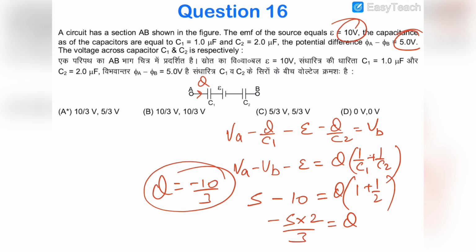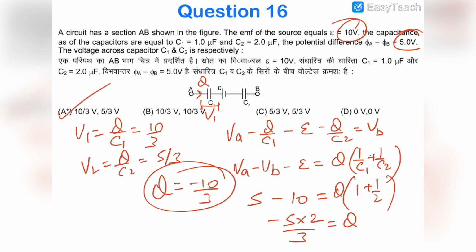So Q is minus 10 by 3, and the potential difference across C1 is V1. So V1 will be equal to Q by C1, so it is 10 by 3, and V2 will be equal to Q by C2, which is 5 by 3.